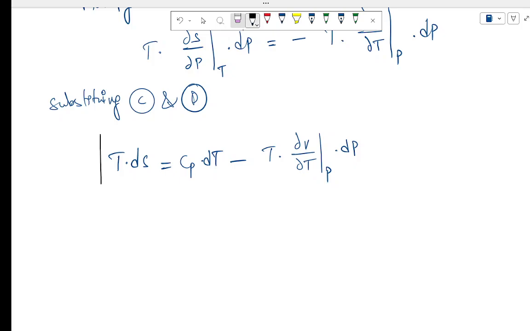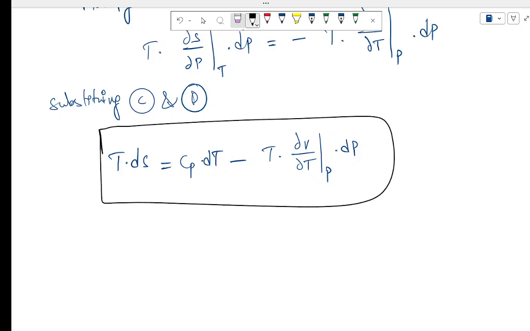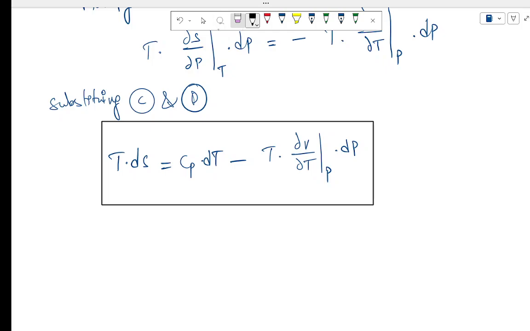This is how you will get your TdS2 expression here. This expression is TdS2.